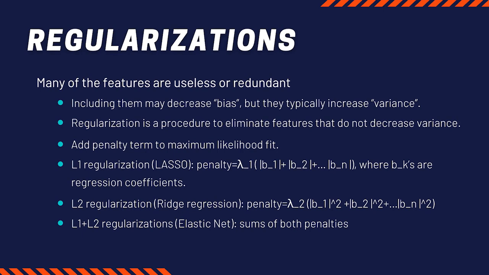So regularization is a procedure to eliminate features that do not decrease variance. In other words, to get rid of redundant features. And so it is typically accomplished by adding a penalty term to the number of variables. If you have too many variables, this penalty will be large.